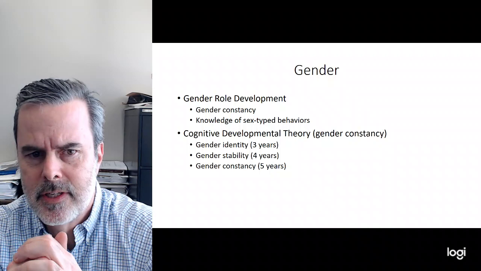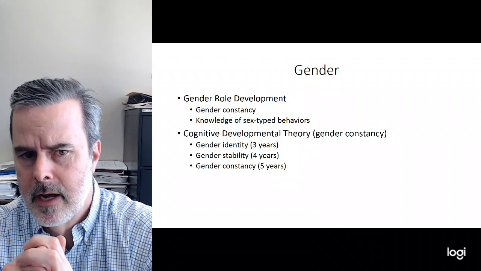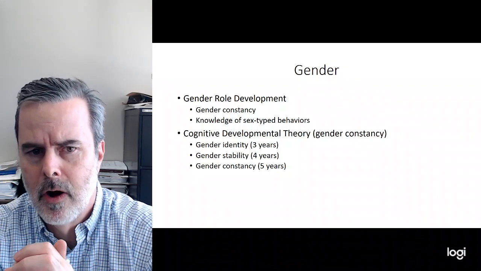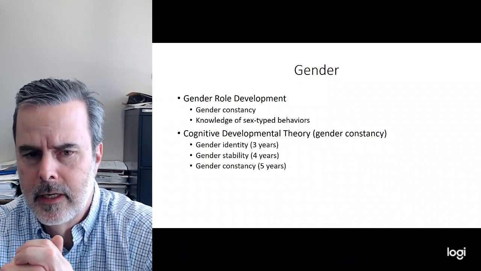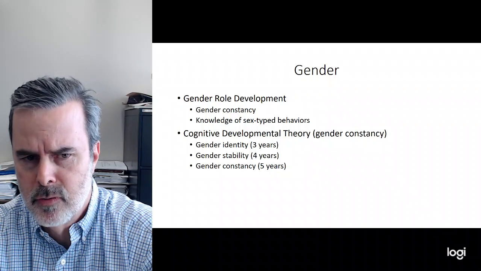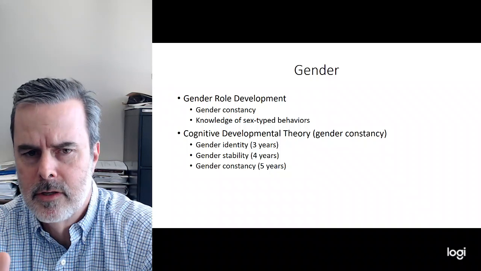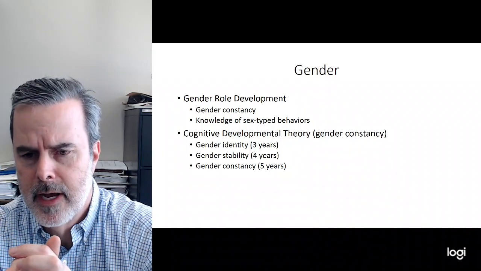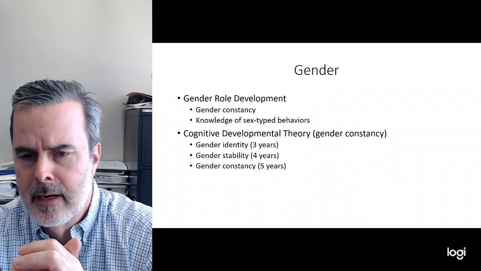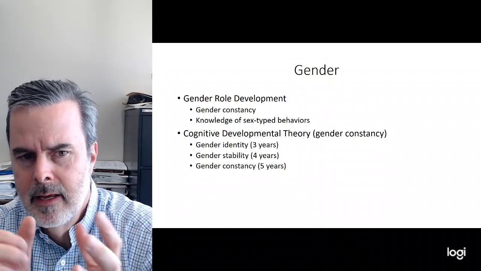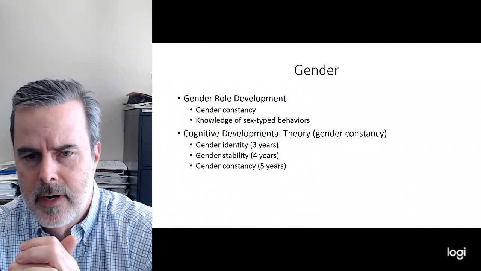And a variety of tests have been used in developmental psychology with kids to examine gender constancy. One is informally called the man in a dress test, where young children view a man putting on a dress and are asked before the man puts on the dress and then after the man puts on the dress, questions about the man's sex and whether the man remains a man when the dress is on compared to when the dress was off.